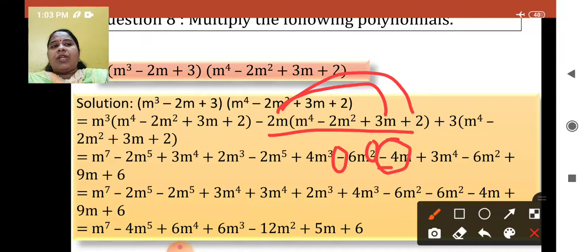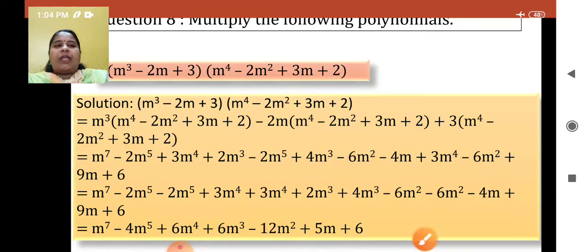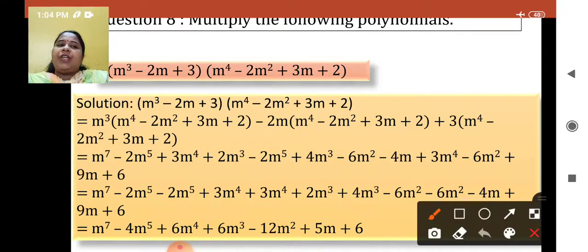Move to the last one. 3 into m raised to 4 will be plus 3m raised to 4. 3 into minus 2 is minus 6m square. 3 into 3m is plus 9m. And 3 into 2 is 6. So like this we have opened the bracket and multiplied each and every term.